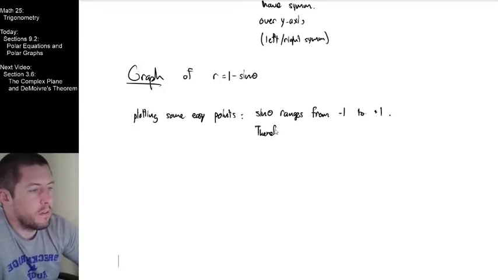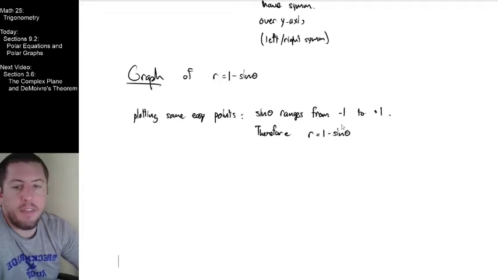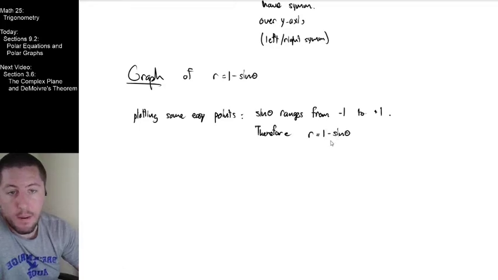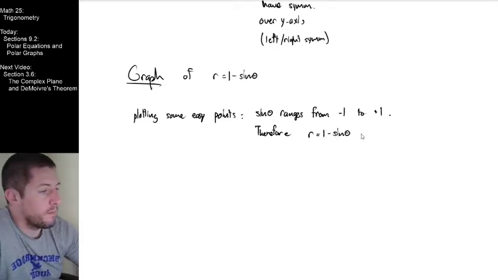Therefore, r equals 1 minus sine theta. Sine of theta gets as small as negative 1 occasionally, and 1 minus negative 1 would give me 2. Alternatively, sine theta gets as large as positive 1, and 1 minus 1 gives me 0. Also, sine theta is occasionally 0, and 1 minus 0 is just 1.